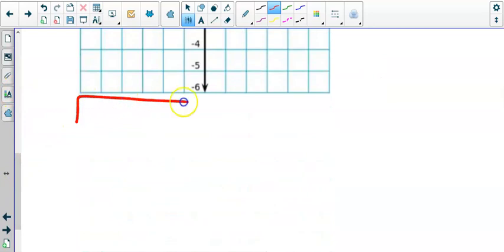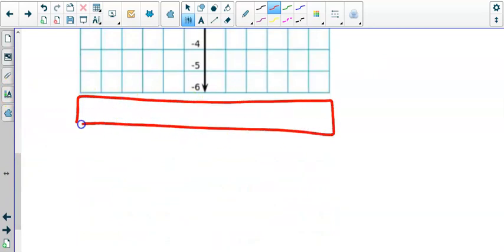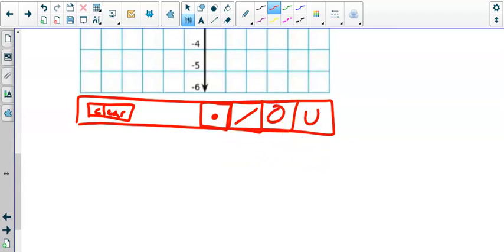down below your graph, there's going to be a list of commands. You got your little clear button that was over here, and then over here there's a dot button, there's the line, then there's a circle, and then there's a quadratic.